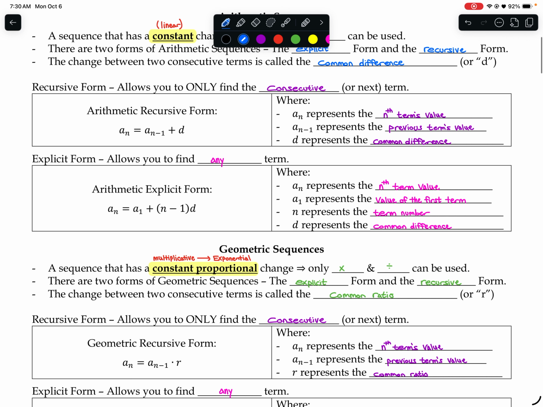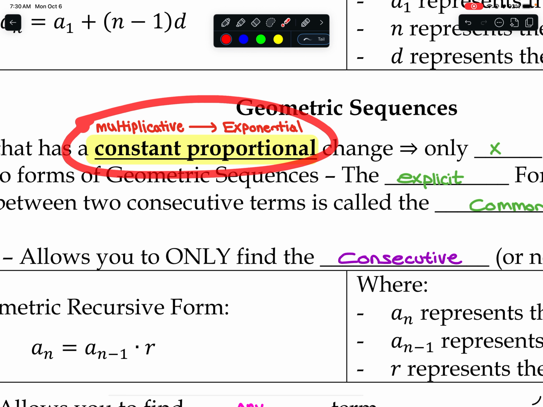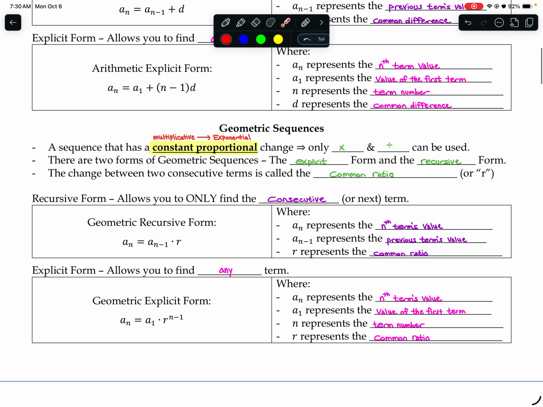So we're going to go ahead and look at geometric. So it's the same idea. However, we're looking at what we call a constant proportional change. So that's going to roughly translate to a multiplicative change, which means we're looking at an exponential change. So with geometric sequences, this is where we're going to multiply or divide.